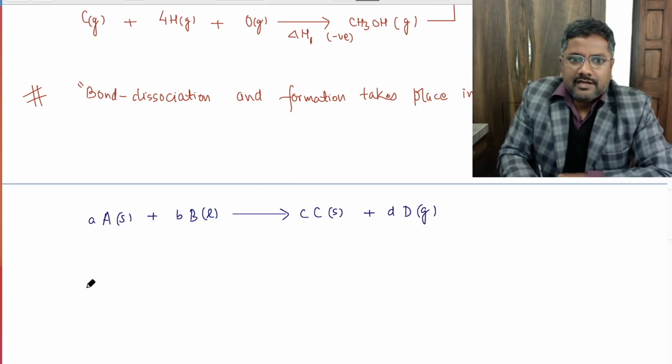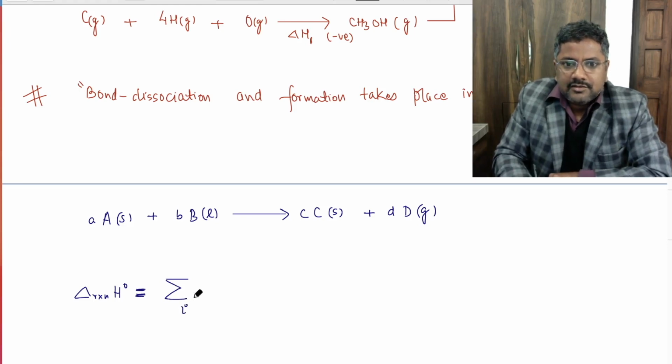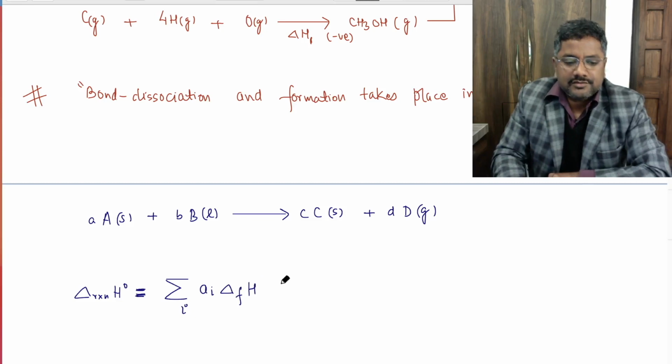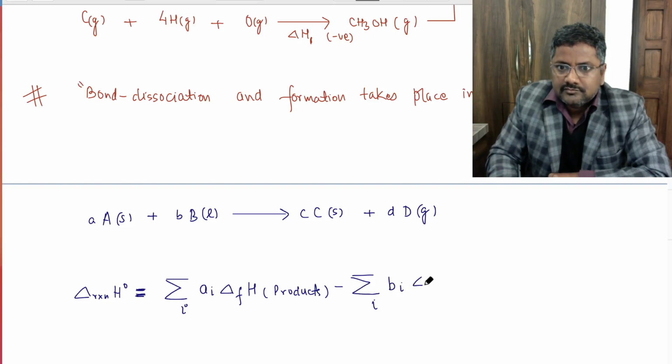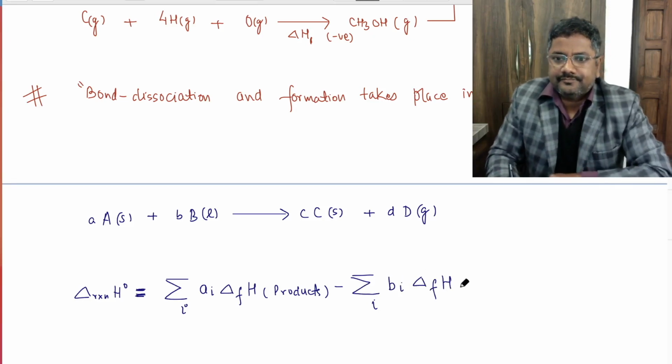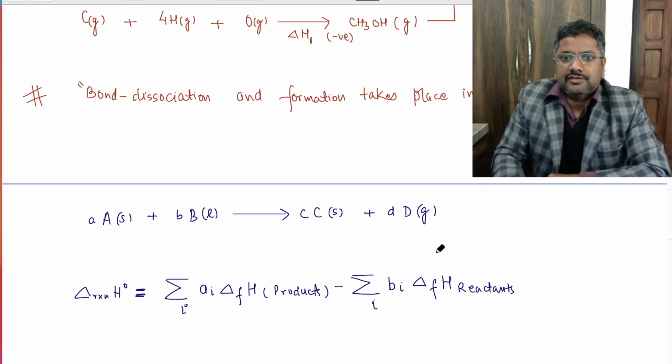Any general reaction is given, and if you want to calculate the delta H naught of reaction, this is equal to the sigma of delta H formation of products minus delta H formation of reactants. Right? So this general equation we can use.